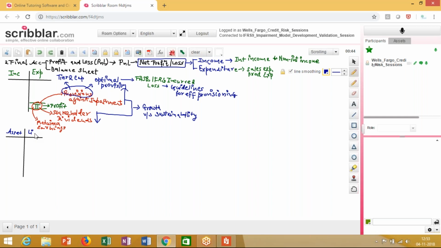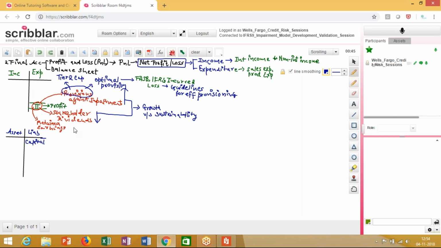Generally it's written the other way around, so you have the assets on this side and the liability on this side. Within liability you have a head called the capital.